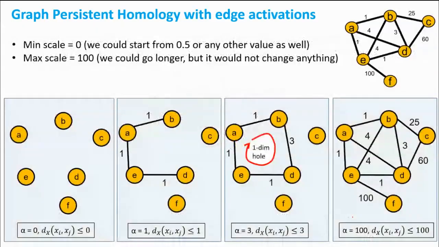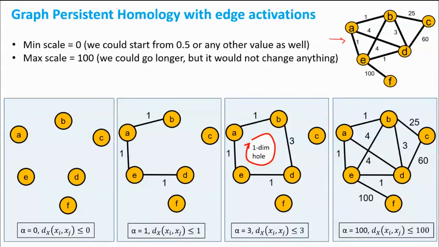Now, what is the minimum scale? I'm showing the original graph at the top here. What is the minimum threshold that we can use? If you look at edge weights or distances, let me say edge distances, the minimum is 1 and the maximum is 100. So it seems like if I do a filtration from 1 to 100, I'm okay. I could do from 0 to 100 as well.